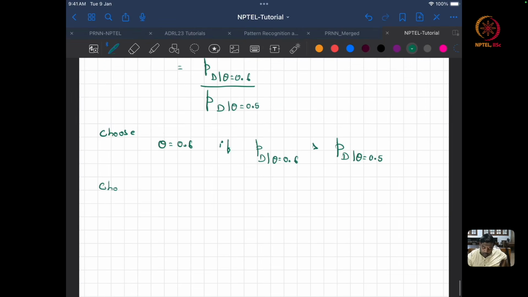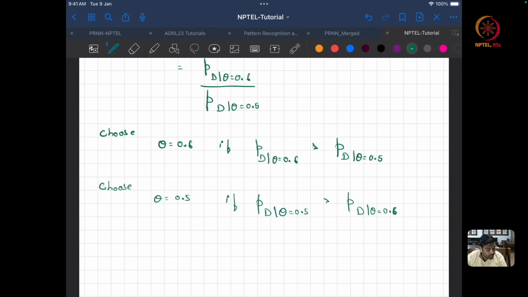Or you choose theta equals 0.5 if P of D given theta equals 0.5 is greater than P of D given theta equals 0.6.